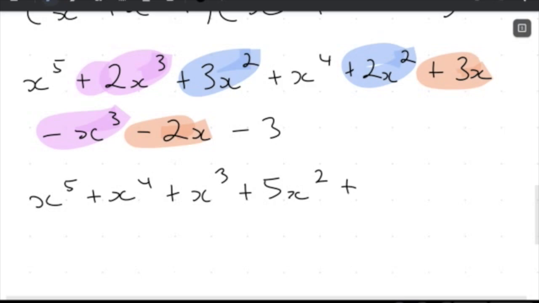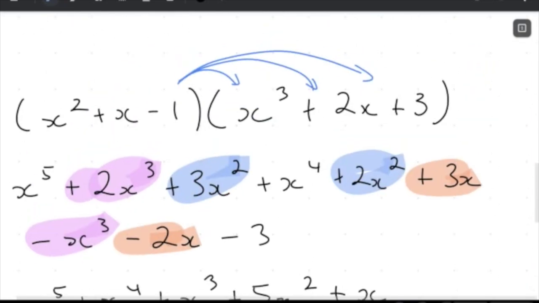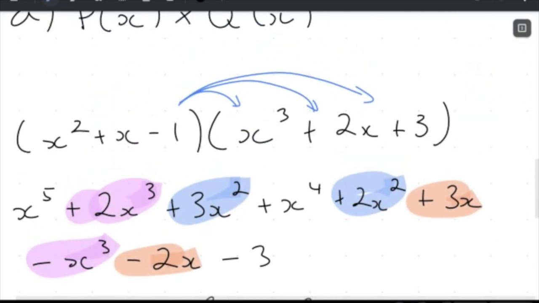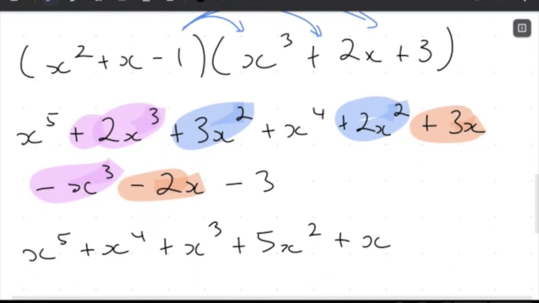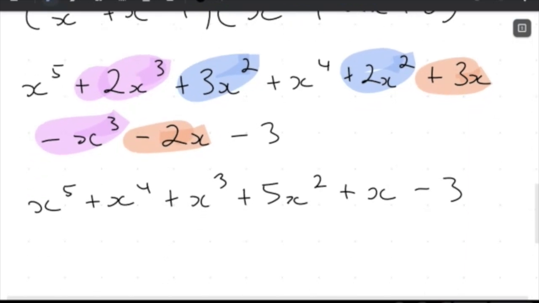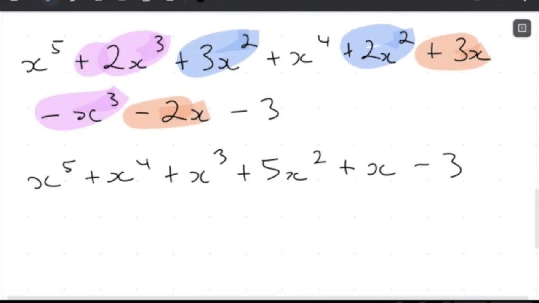That's just going to give me positive 1x, or just x. And then I'm going to get negative 3 here. Okay, so now I have dealt with all of my like terms, and I have my final simplified expression down the bottom.